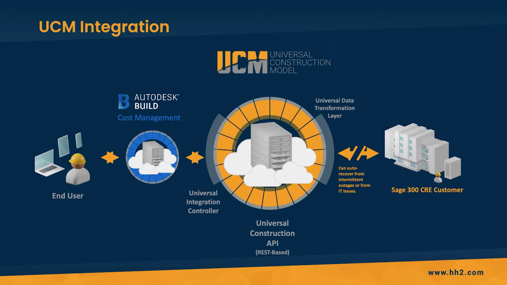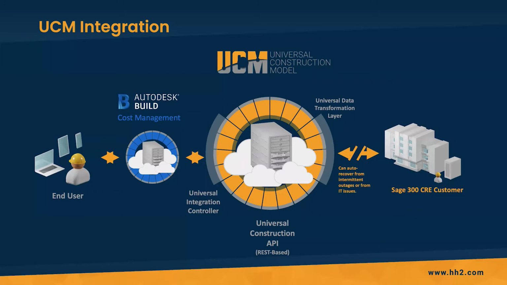What this UCM tool does is it allows us to talk to a server-based application and a web-based application like Autodesk Build. So the UCM sits in between your server and your Sage 300 instance and Autodesk Build and facilitates information moving back and forth between the two products.